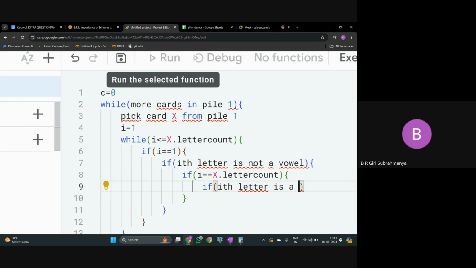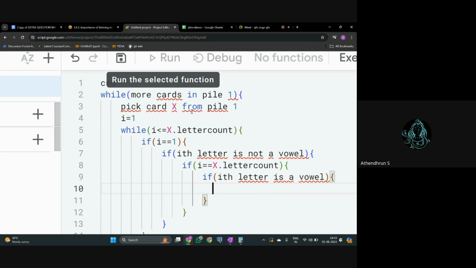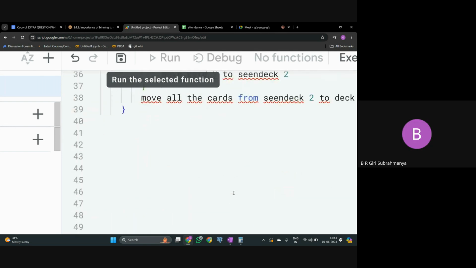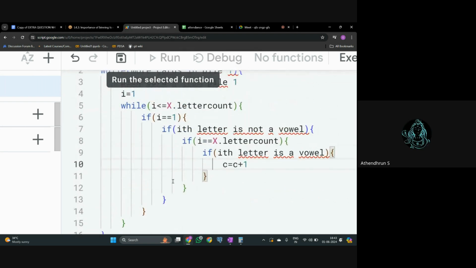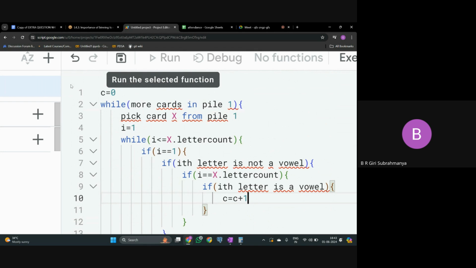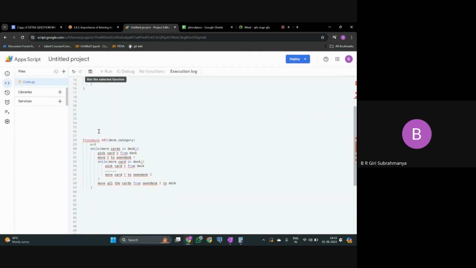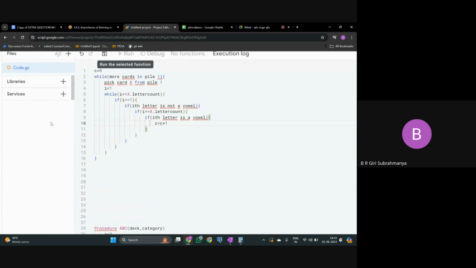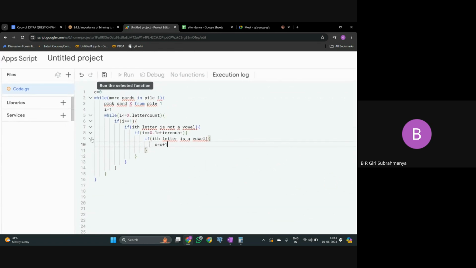then C is equal to C plus 1. This is what you are saying, right? Yes, sir. Okay. Anything else with this? Do you want to add anything else here?